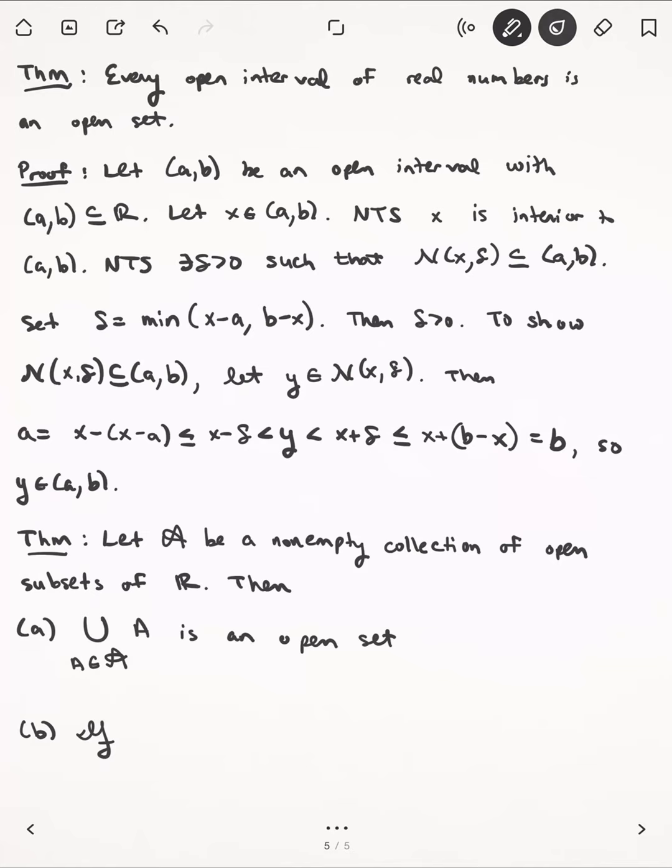Don't know how they write this A, but okay. If A is finite, and we'll see that this is important, if A is finite, then the intersection over all the sets in that collection is an open set. Okay, so let's prove this.